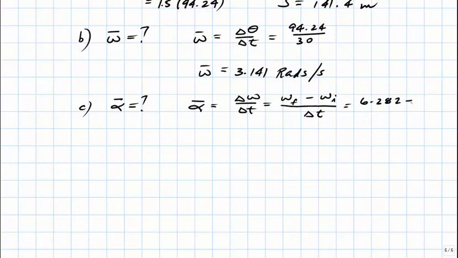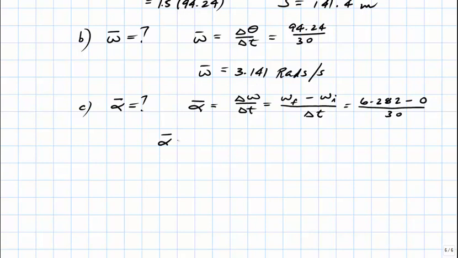Omega initial was designated as 0 because the object started from rest, and the time equals 30 seconds. By the way, note that there's a big difference between the average angular velocity and the final angular velocity. The final angular velocity equaled 6.282, whereas the average angular velocity equals 3.141.